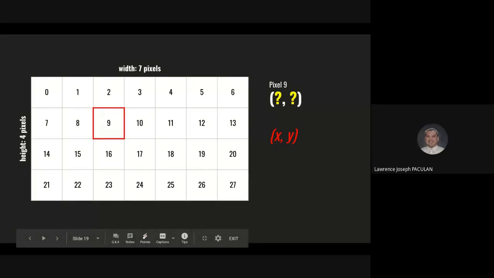How do you get the coordinates for pixel 9 given a width of 7 pixels and a height of 4 pixels? You can pause the video so that you can guess, and then we'll proceed with the answer. The answer is 2, 1.